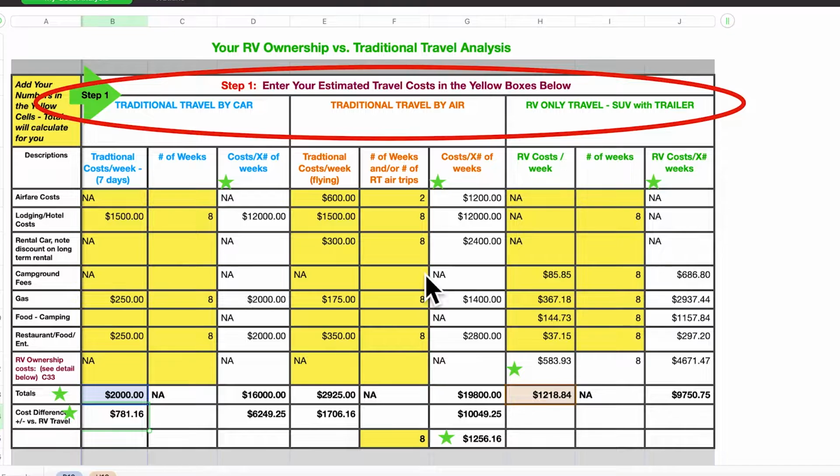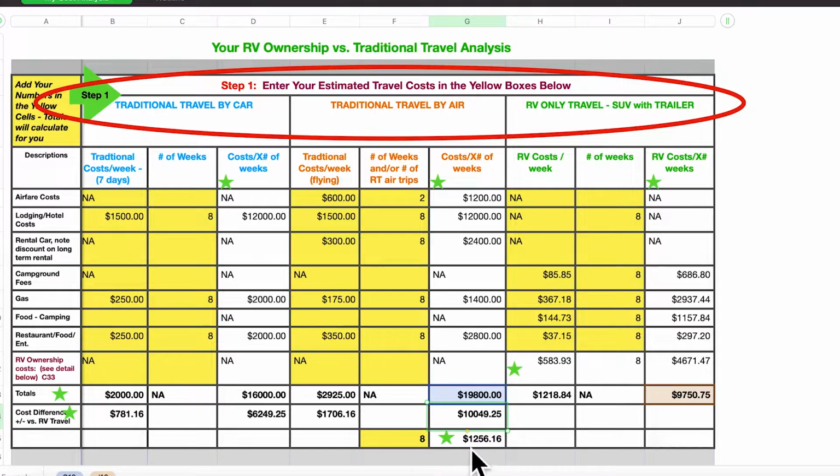There is a little bit of a difference here for travel by air, and the reason for that is because there is the airfare cost in this column, and we didn't spend airfare every single week. So what we need to do with this one, and it's done for you, is we took the total for the duration of our trip, we subtracted the total for the duration of the RV trip to come up with our actual cost difference for the trip, and then divided it by the number of weeks that we're traveling to come up with a weekly cost difference.